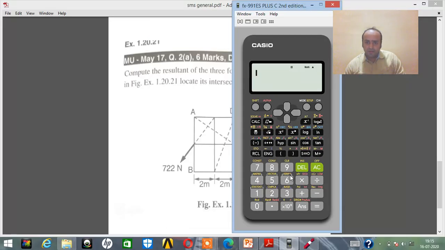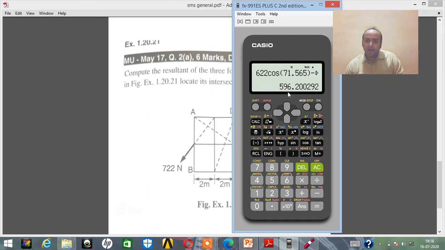So it will be 622 cos of 71.565 minus 722 cos of 56.31 plus 1000 cos of 36.87 degrees.